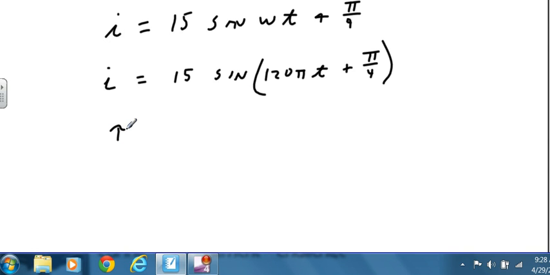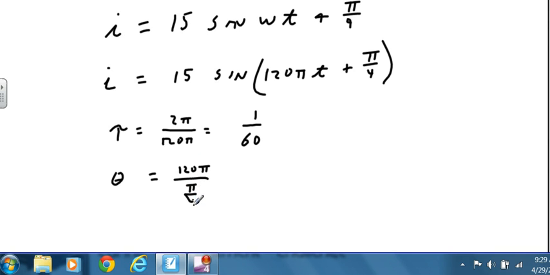So the first thing I'm going to ask is, what is my period? My period is 2 pi divided by 120 pi, which is 1 over 60. And what is my phase shift? My phase shift is 120 pi divided by pi over 4. That can't be right. Is that right?